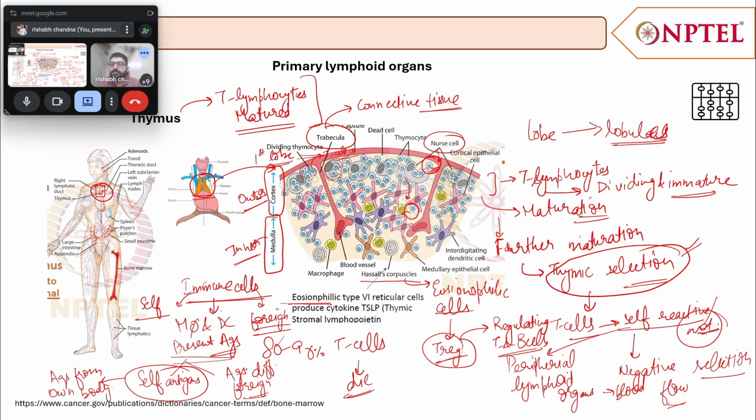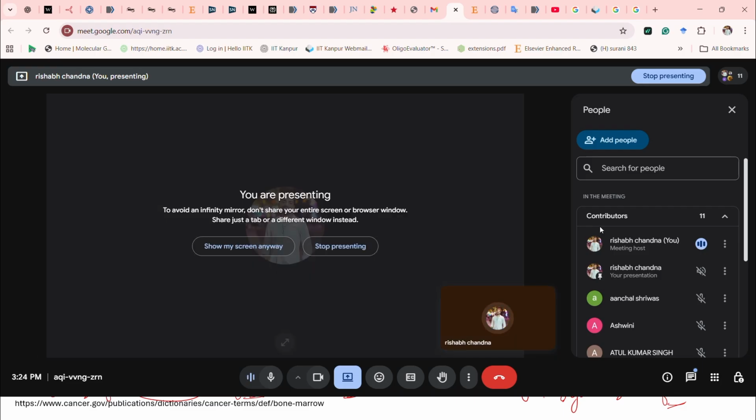The cells that are against these self antigens are called self reactive T cells or self reactive immune cells. If the number of these self reactive immune cells increases in the body, that can lead to an autoimmune disorder because we are directly targeting our own cells.